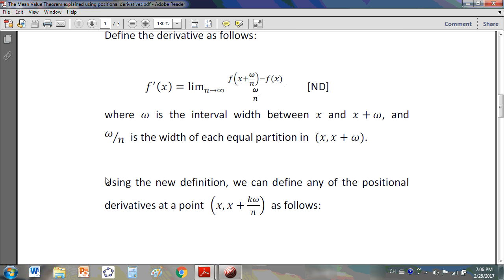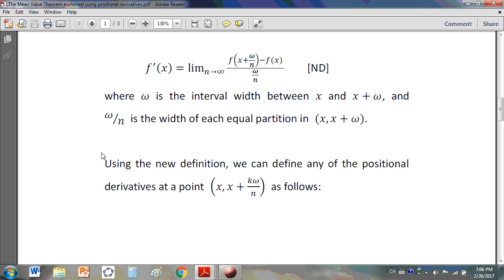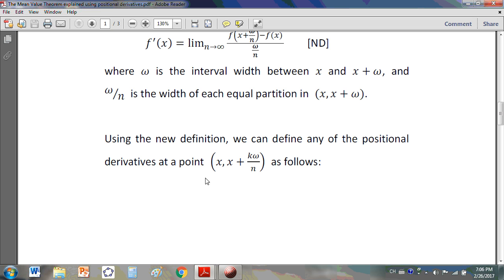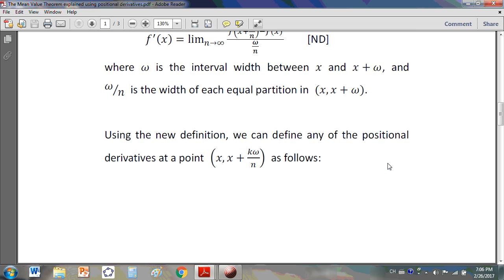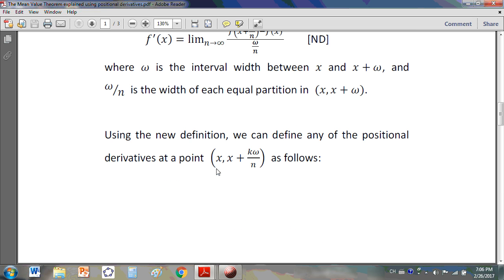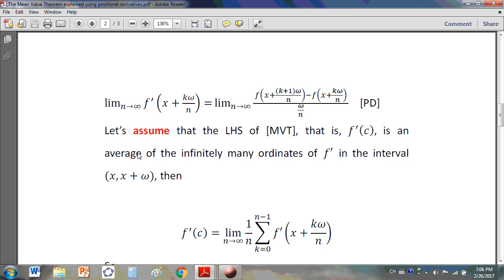So using this definition, we can define any of the positional derivatives at a particular point. When I say positional derivative, I mean at any given location on the curve. So if, for example, the point is in this interval, then the positional derivative is defined like this, as you see in the formula PD.